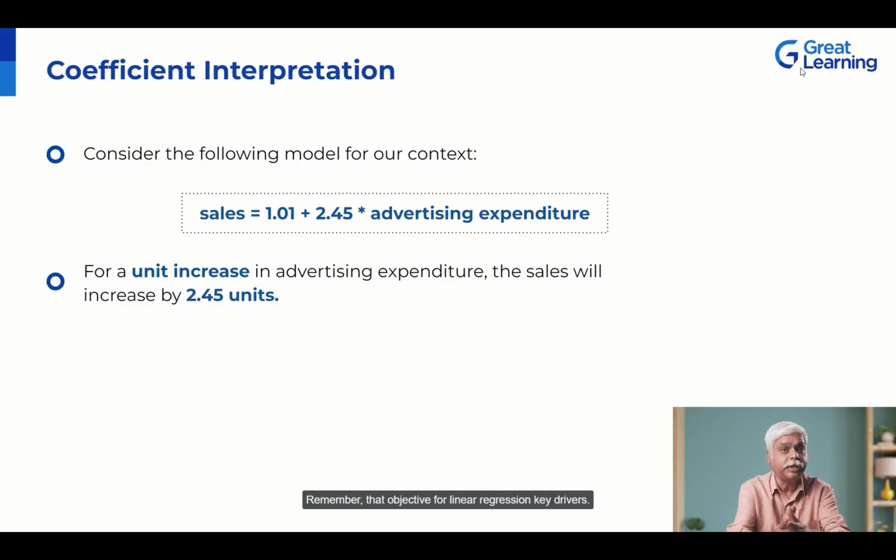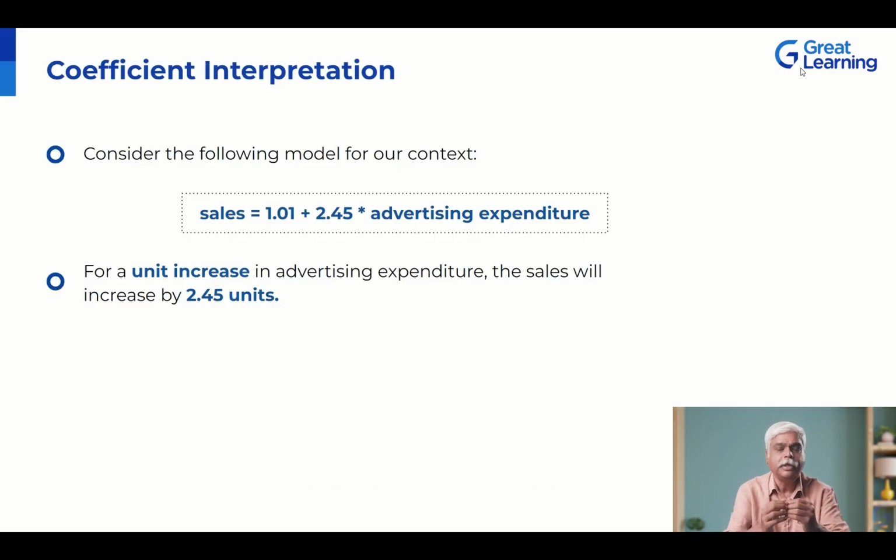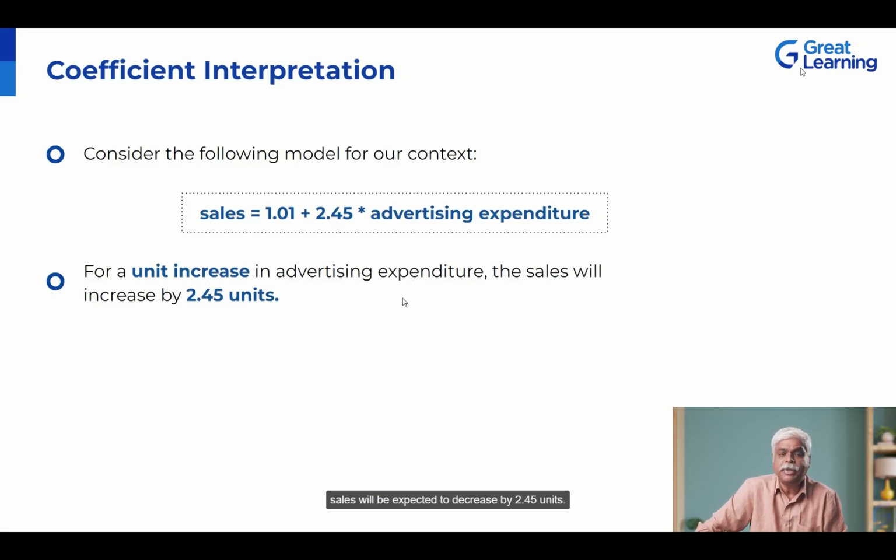Remember that objective for linear regression? Key drivers. How is advertising driving sales? It is also the case that if there is a unit decrease in advertising expenditure, sales will be expected to decrease by 2.45 units. Perhaps we've been a little careless in the language here. I should say the expected sales or the average sales, just to be clearer.